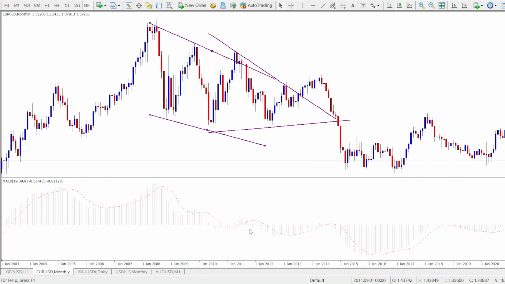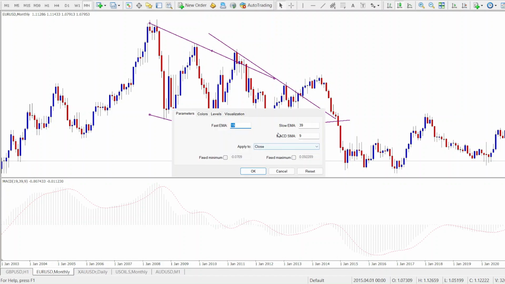It's just that the MACD indicator might give you more false signals if the market is ranging. So it's better to use the MACD indicator in trending markets. Anyways, we can see that this setting is fit for the high time frames like the monthly time frame, and it's best for trending markets.